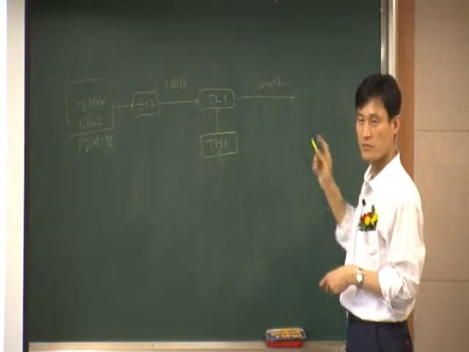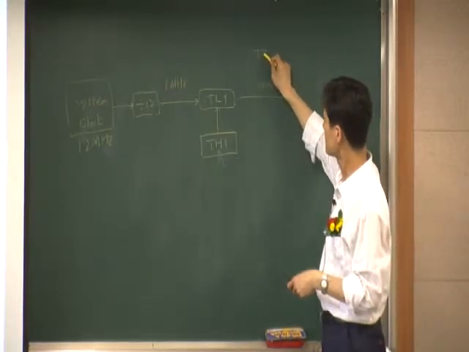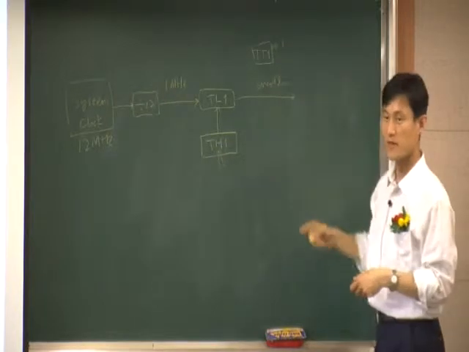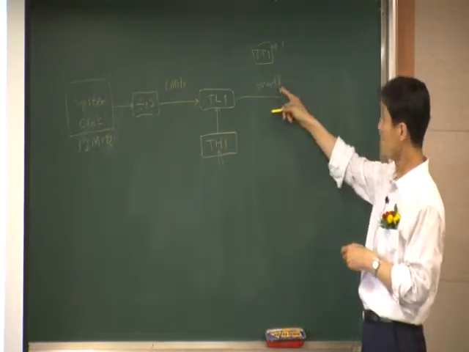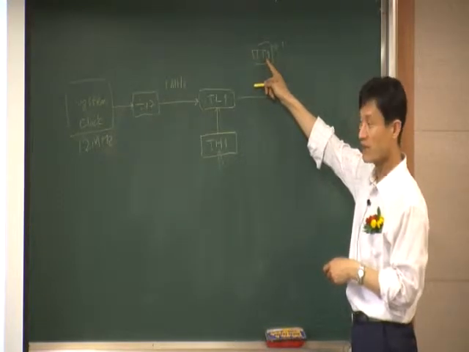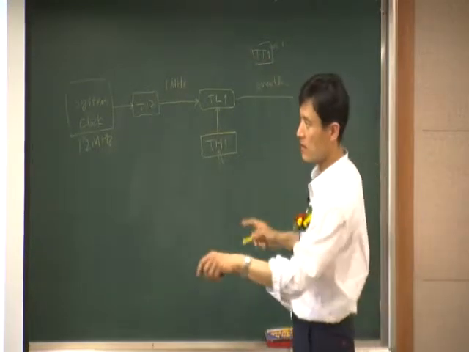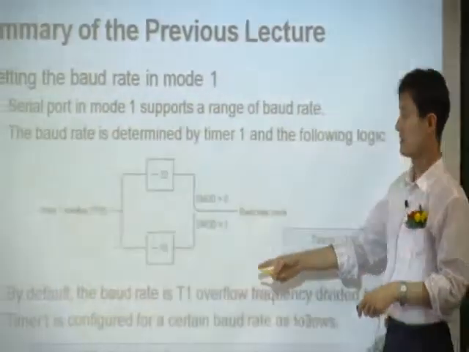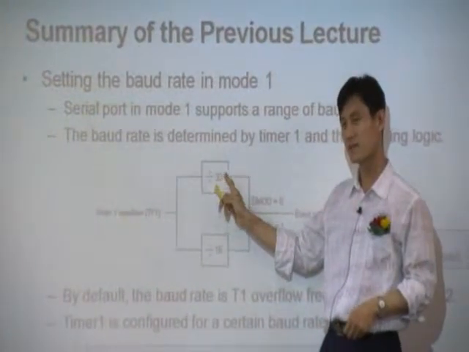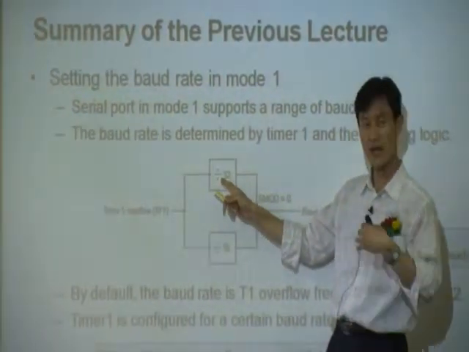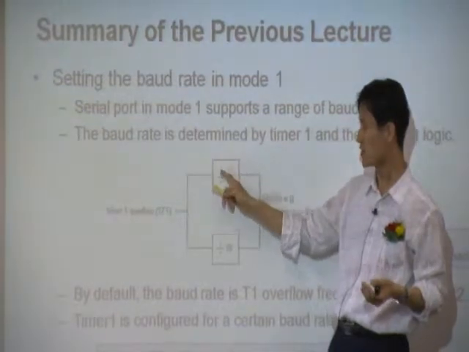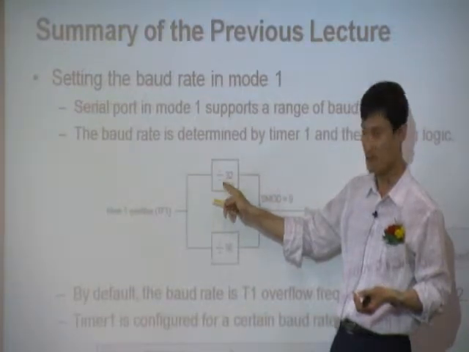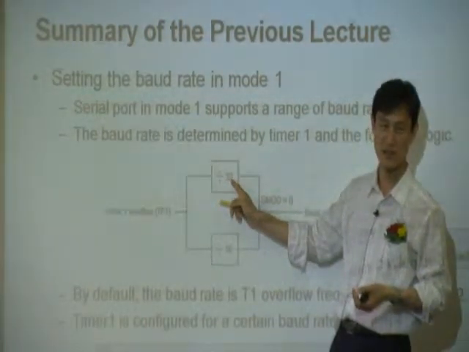How do you know a timer overflow has happened? You have a TF1 bit, right? The TF1 bit becomes 1. That means the timer has overflowed. When the timer overflow happens, this signal TF1 becomes 1, and that comes in here. Okay? This block shows you a division of 32, just to help you understand. But if you look at the hardware inside, this is actually another counter.